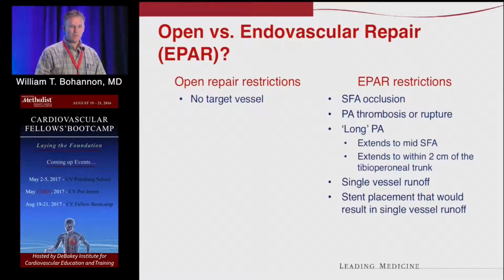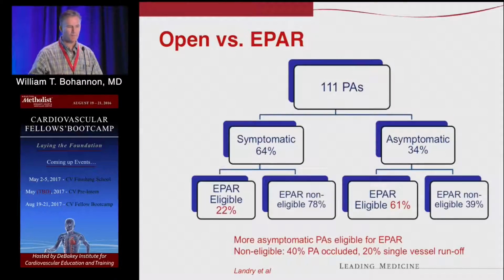Single vessel runoff is also not good, and certainly if you had to extend your stent into the tibial-peroneal trunk and convert them into a single vessel runoff, then that would also not be a good one for endovascular repair.